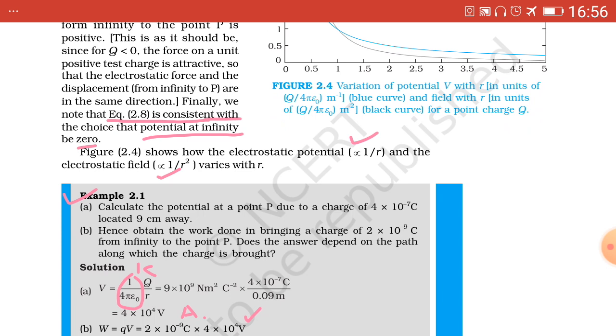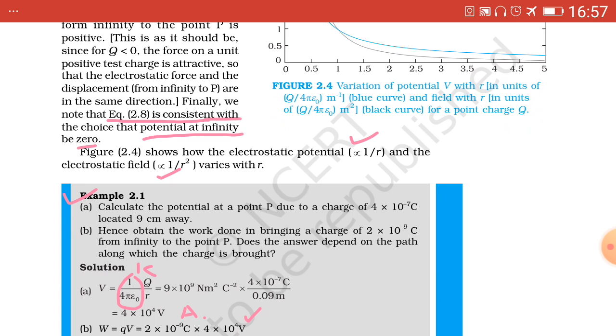Moreover, electrostatic potential is proportional to 1 upon r, which has been tick marked here in the description, and electrostatic field is proportional to 1 upon r square. Potential is proportional to 1 upon r and field is proportional to 1 upon r square.